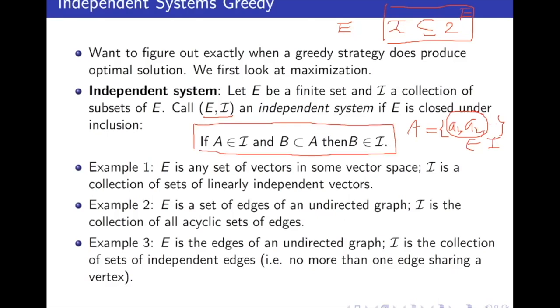Now let's look at some examples of independent systems. Example 1: let E be any set of vectors in some vector space, and I a collection of sets of linearly independent vectors. Let's say we have vectors V1, V2, up to Vk, and these vectors are linearly independent.